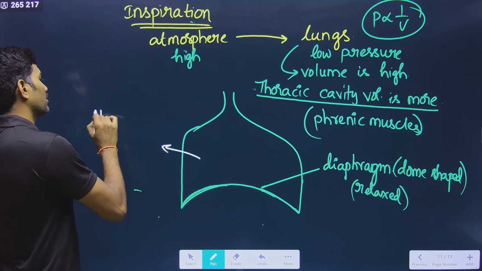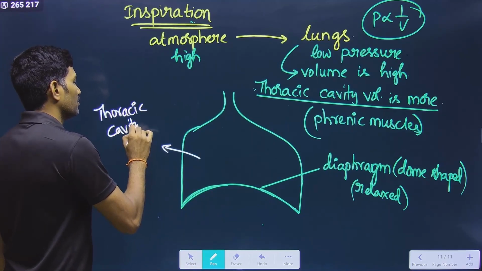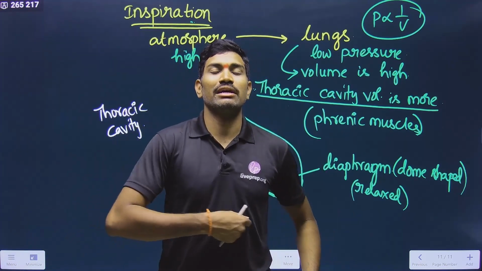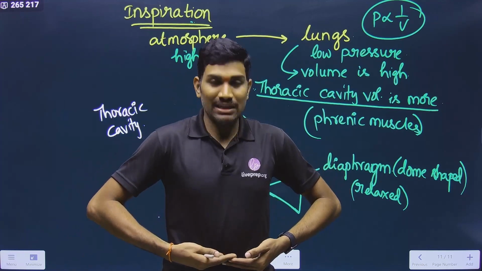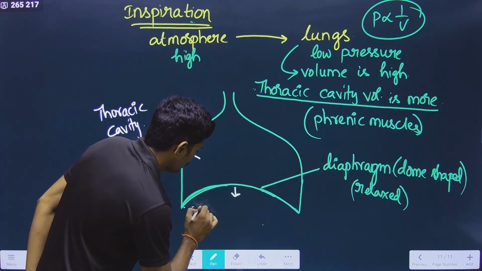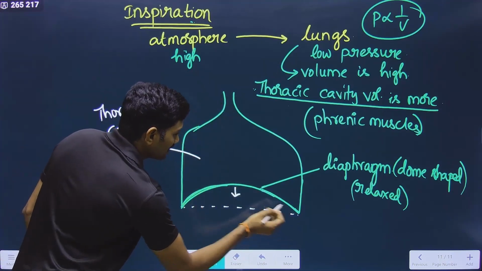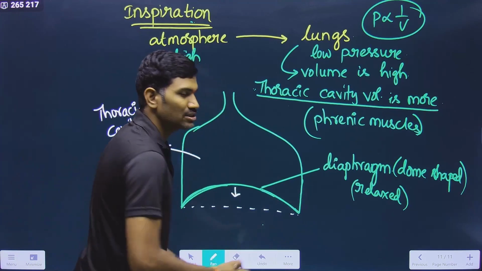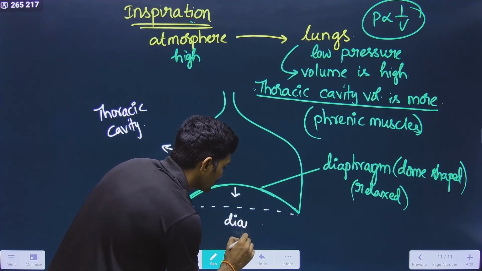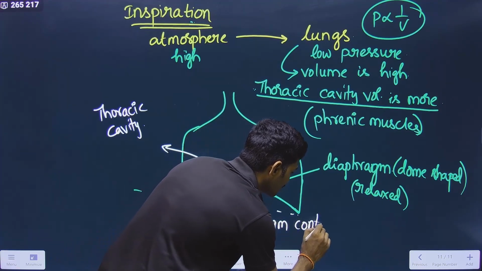This is the dome-shaped diaphragm. If the diaphragm contracts like this, instead of like this, it becomes like this. Is the volume increased or not? Increased. So the first important point is that the diaphragm contracts.